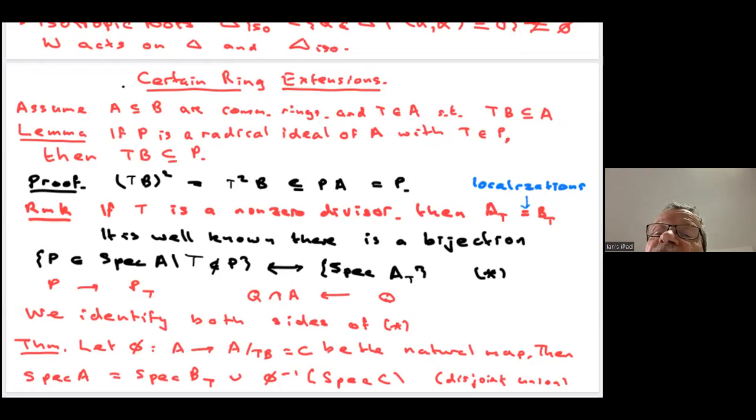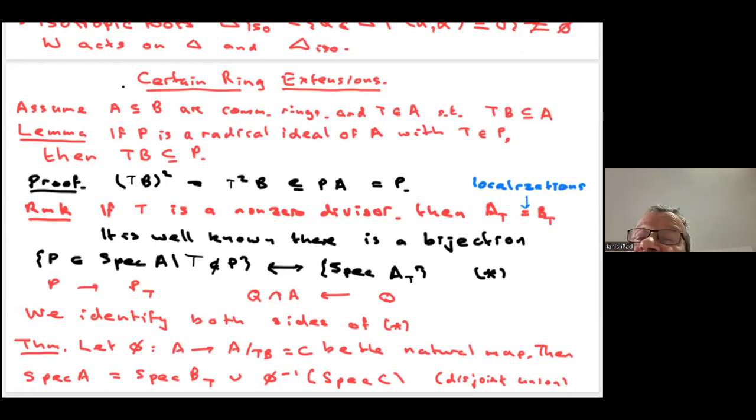You take the square of tB, right? Now tB is contained in A, and t is in P, so the square will be in P. If P is radical, then tB must be contained in P.